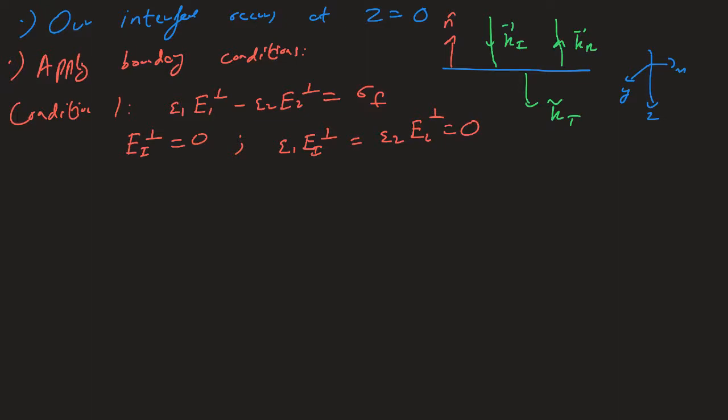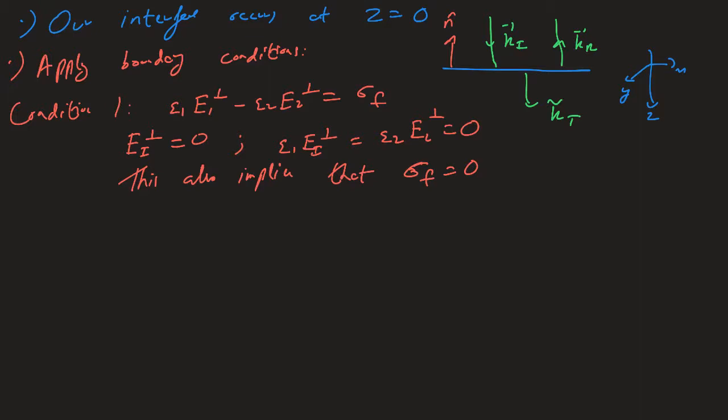This also implies that sigma f is equal to 0. Surface charge density is also 0, right? Because there's no component of the electric field which is perpendicular to the surface.